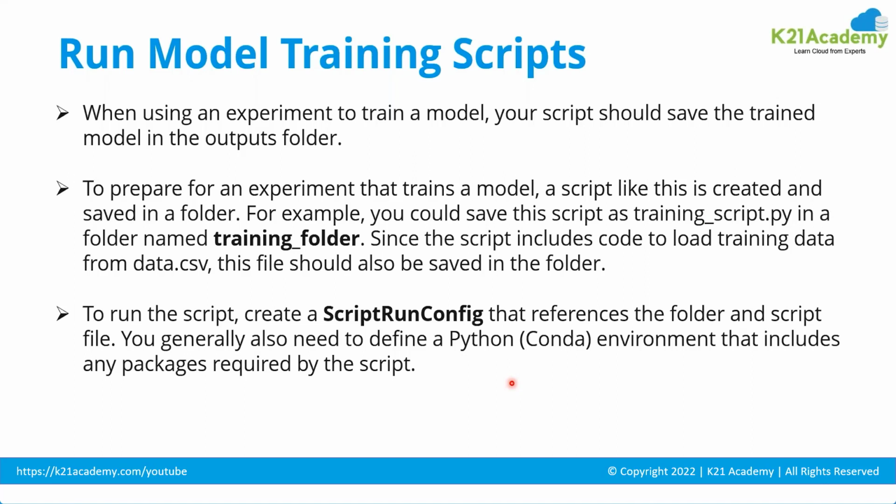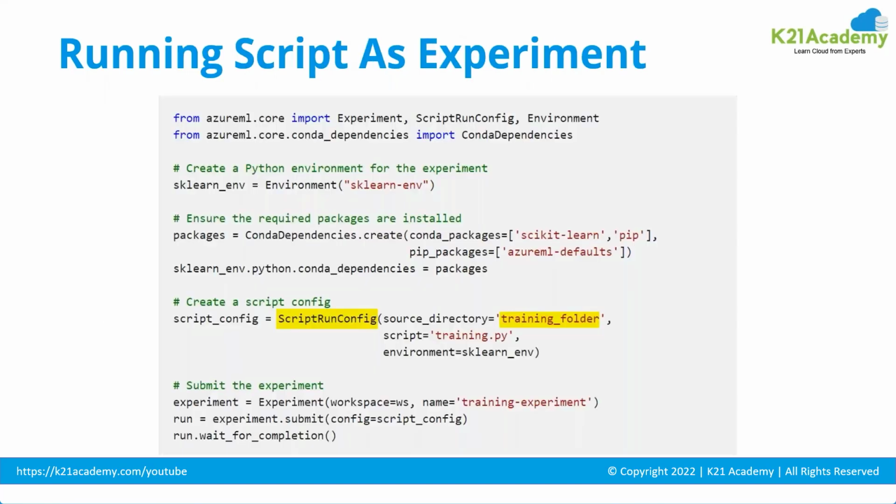Then to run the script, we create a script run config wherein we take the reference to the training script.python file to run our experiments. It looks something like this. We have our training.python file, which is already predefined earlier, and then we are just calling it inside our script run config before we run that file. As simple as that.